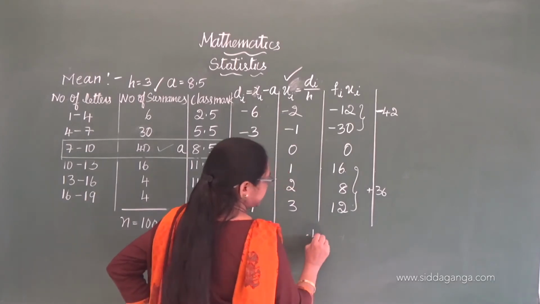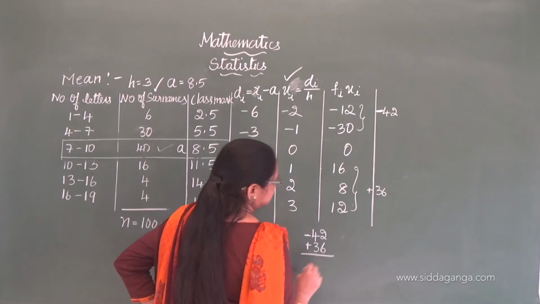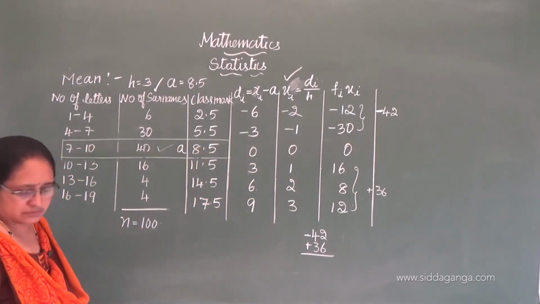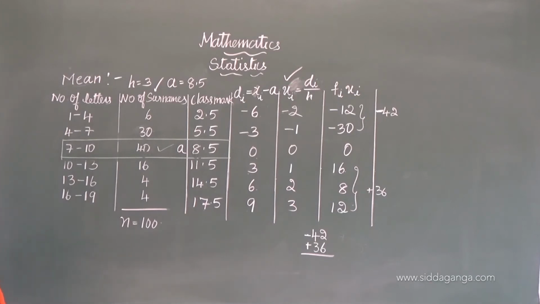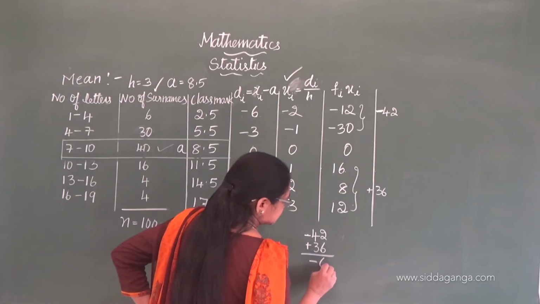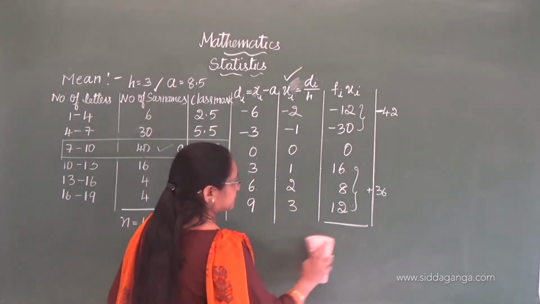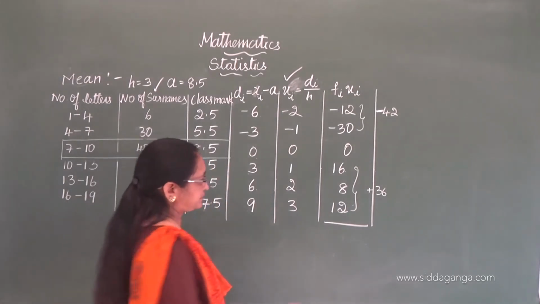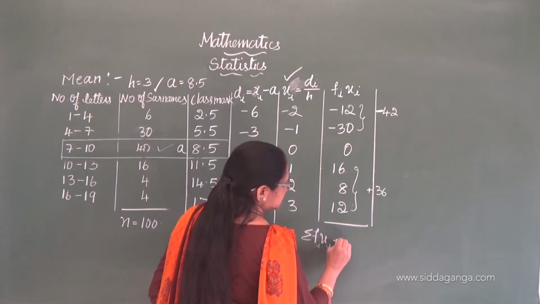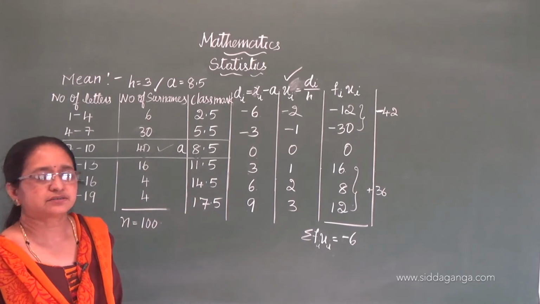So minus 42 plus 36, you will get minus 6. So I will write here sigma Fi ui is how much? Minus 6 we got, correct?